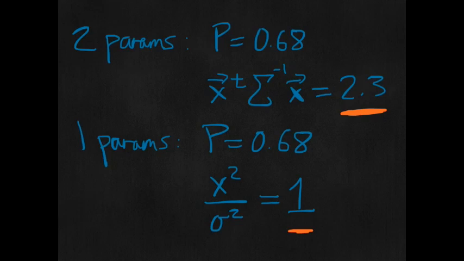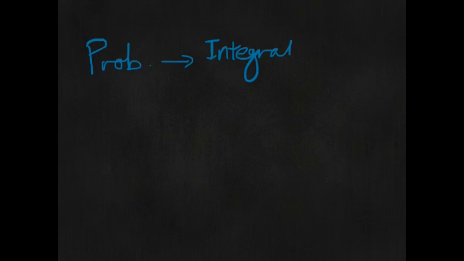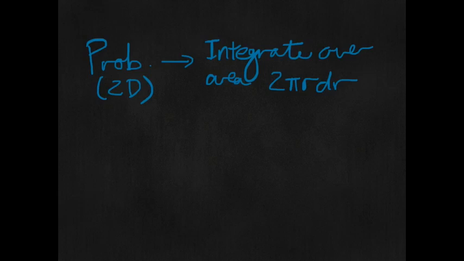And the reason for that is because in 2 dimensions, to get my probability, I need to integrate over an area in my parameter space. And so remember that these area integrals, suppose I were to transform back to my z coordinates where things are uncorrelated and the error ellipses become error circles, you pick up a Jacobian factor of 2 pi r dr. And this is for if I have 2 parameters.